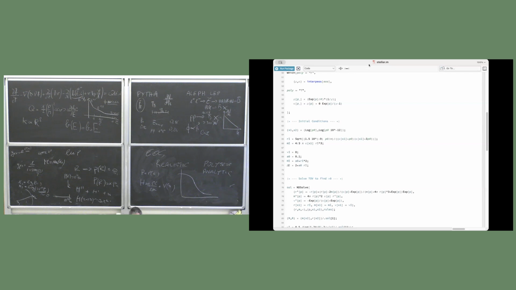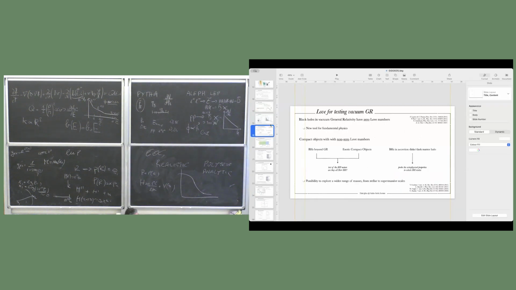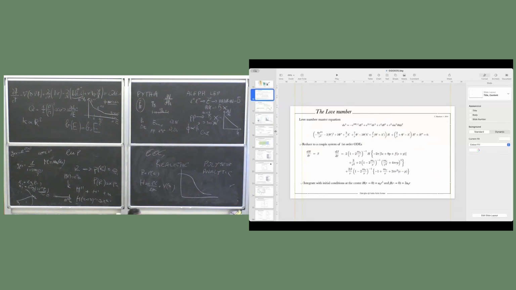Just to tell you that when you solve numerically, it's easier to cast the system differently. So instead of the second order equation, it's easier to work with a system of first order equations.